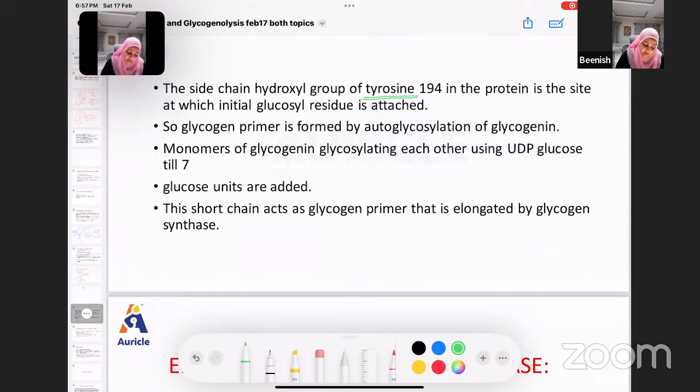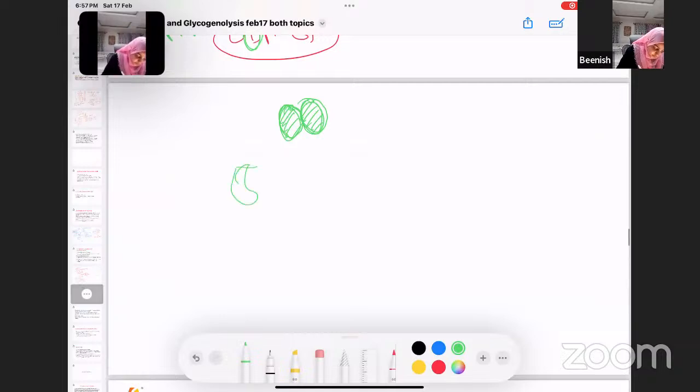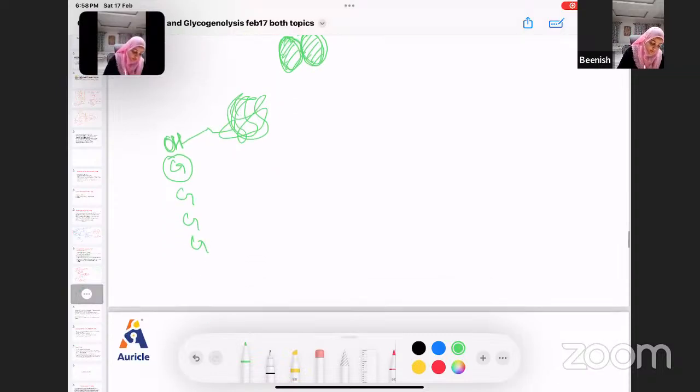This short chain acts as a glycogen primer that is elongated by glycogen synthase. Let me explain this a little. This is your glycogenin primer made up of 2 identical units, and it has tyrosine residues. The hydroxyl of the tyrosine is the site where your glucosyl residue will be added. But how is the primer formed? Both identical units glycosylate each other until 7 glucose residues are added.